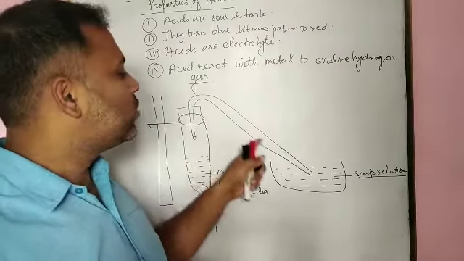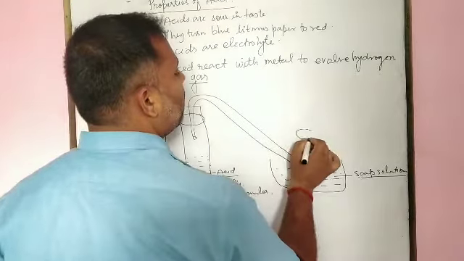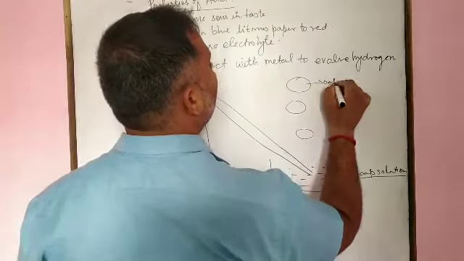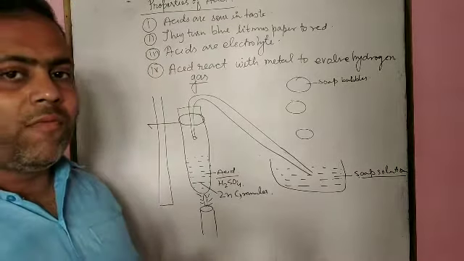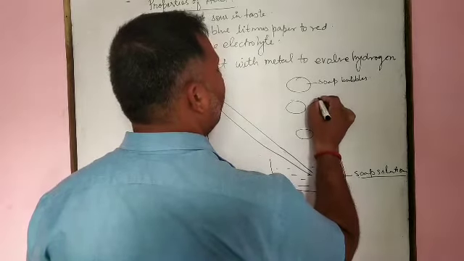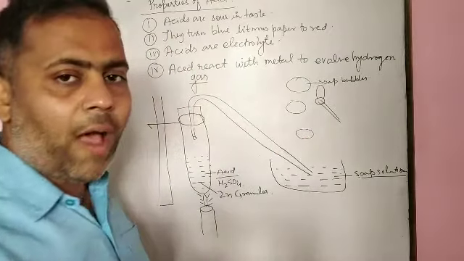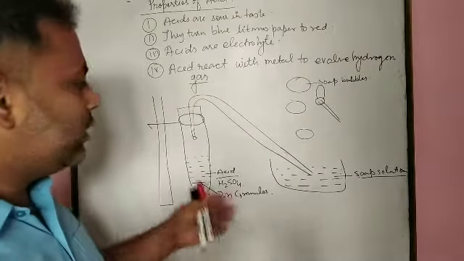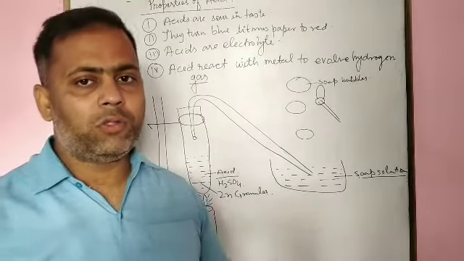When this gas passes through the delivery tube into the soap solution, soap bubbles come out. And when we put a burning matchstick near them, it easily catches fire and burns with a pop sound. By this we know an acid reacts with metal to evolve hydrogen gas.